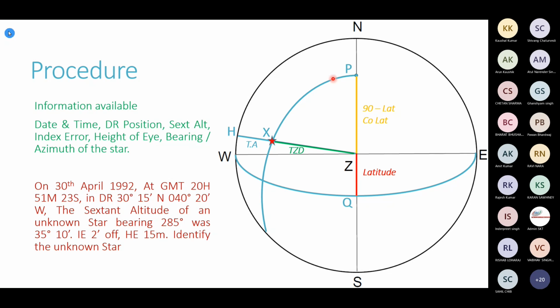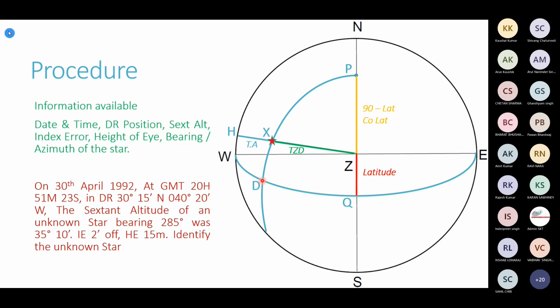You can see, as shown by the laser pointer, we have the PX side representing the celestial meridian of the star. It is passing through the pole, and it is also passing through the celestial body. Now this celestial meridian cuts the equinoctial at this particular point. Let's name that point as D.